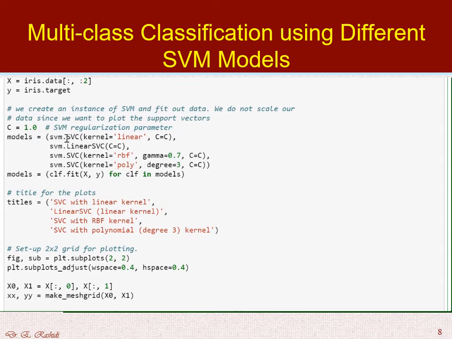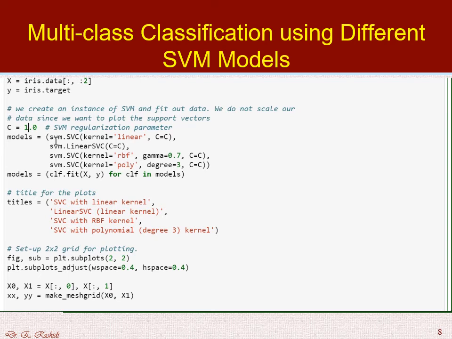We use the SVC, the linear SVC, and the SVC with different kernels here: the RBF kernel, linear here, the poly kernel as well. Also, we set different parameters for gamma, and the degree for the poly, of course.